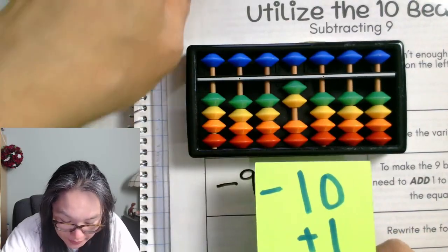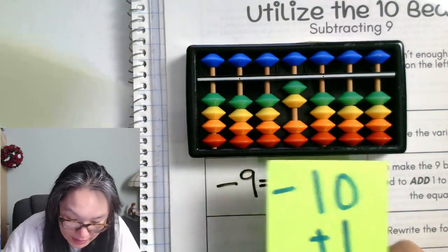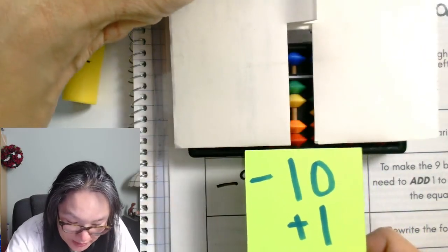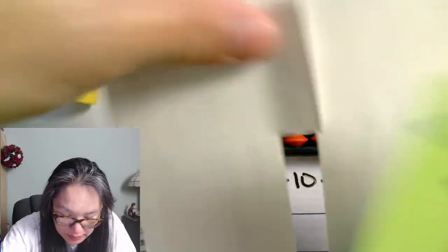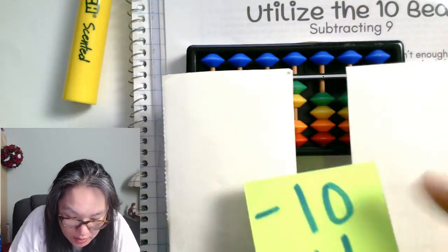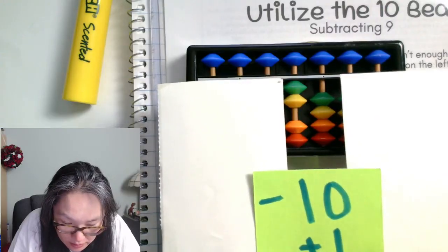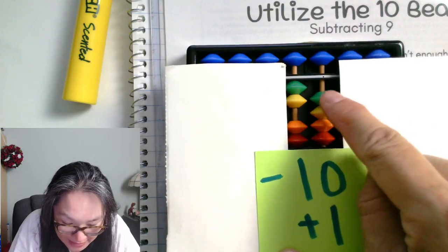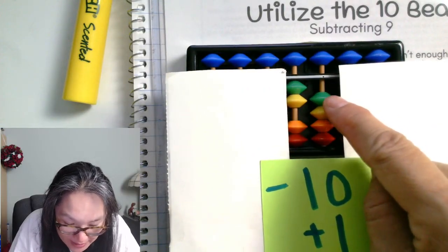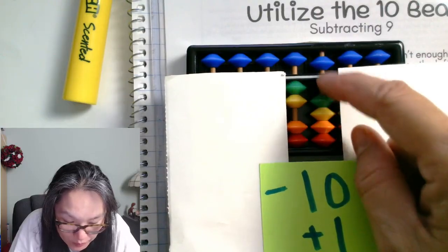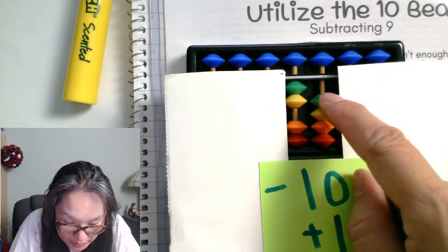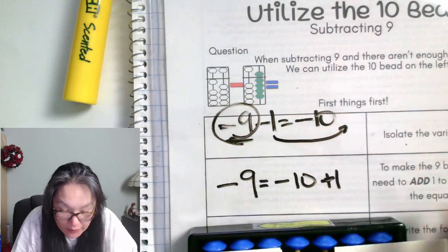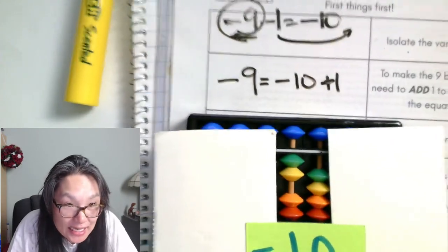When I look at it, this is 20. I'm looking at the 1 bead. But notice, because I'm minusing the 9 here, I don't have any more beads to take away the 9. So what do I do? I use my formula: minus the 10 plus the 1.